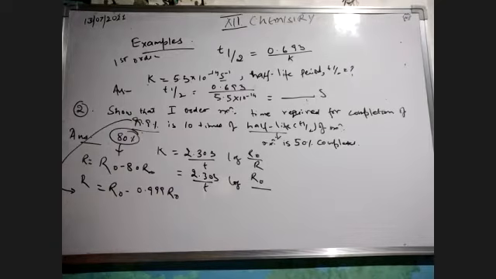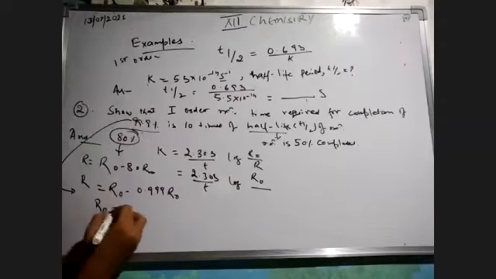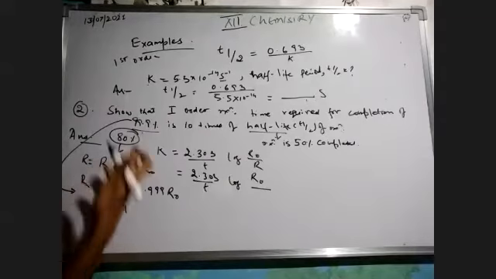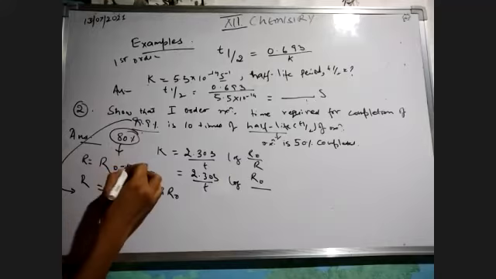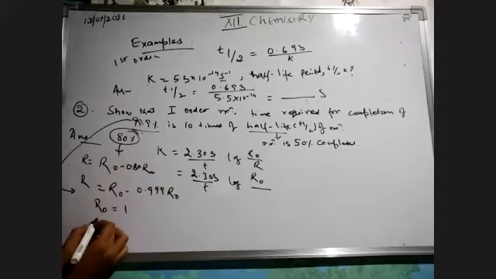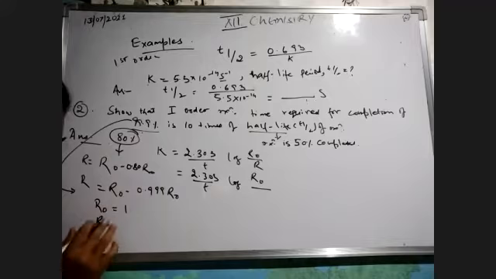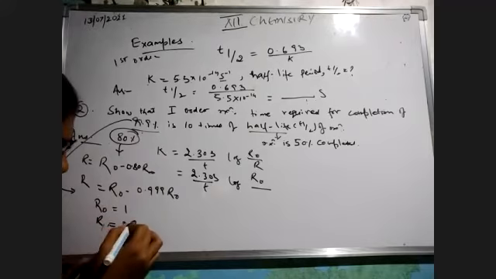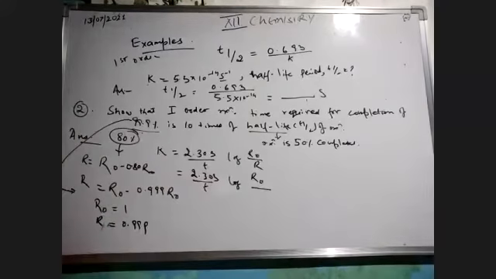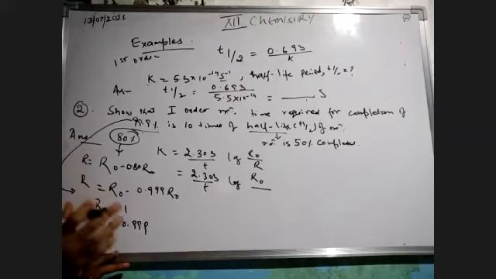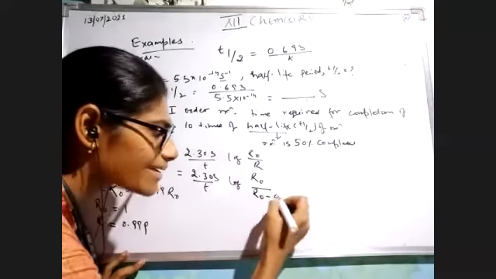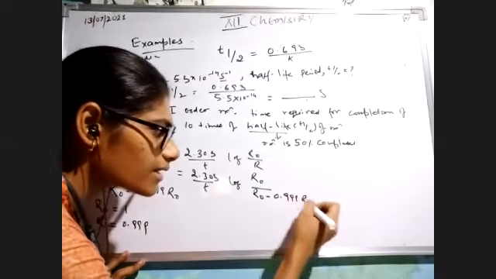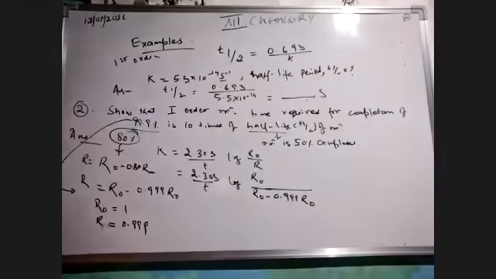I have just taken R naught equals 1. So to remove this percentage concept, it will become 0.80, and R equals 0.99. Okay. So now after completing this, we can easily solve it. It would become R naught minus 0.999 R naught. Am I clear or not?